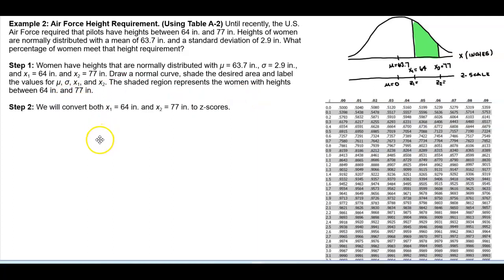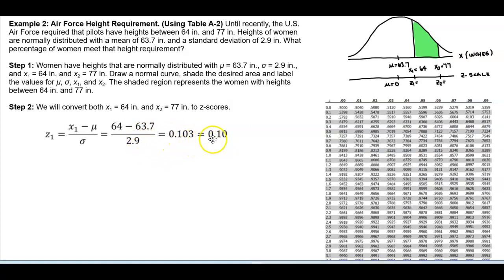What we need to do is convert both x1 of 64 inches and x2 of 77 inches to z-scores. x1 represents 64. We subtract the mean of 63.7 inches and divide by the standard deviation of 2.9, and we get 0.103.